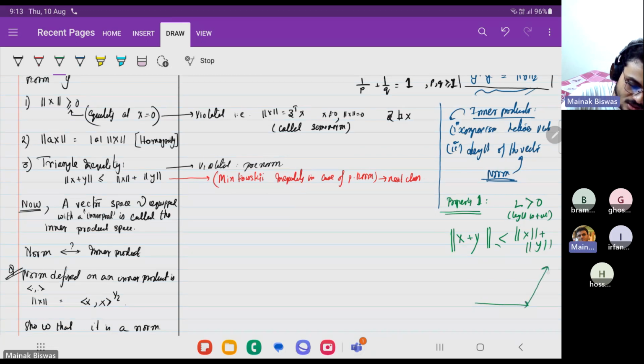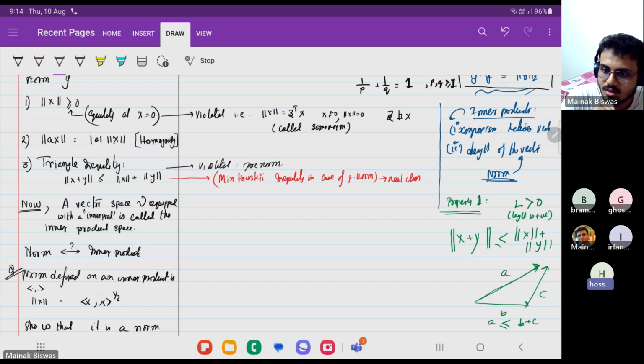One triangle. Yes or no? The length of x, the length of this side, any side. If you have A, B, C, A is always less than B plus C. Correct? Yes. This is your class 3 definition.